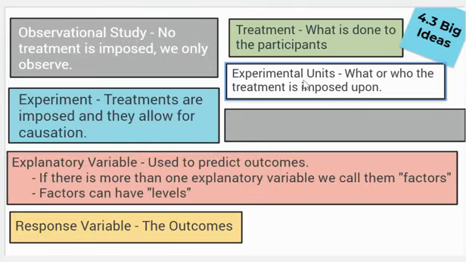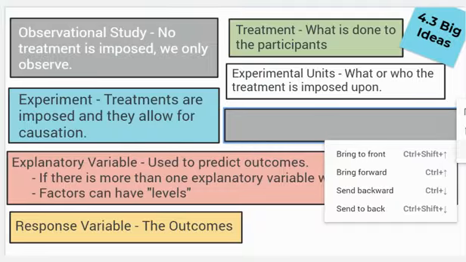The experimental units are the what or who the treatment is imposed upon. So treatments are imposed upon the experimental units. If we're talking about human beings, those are sometimes called test subjects as well. But if it's not humans, you would call them experimental units, or even if it is humans, you could call them experimental units as well.